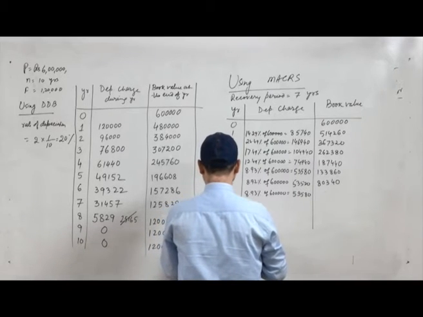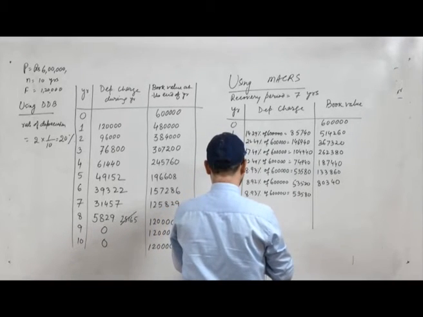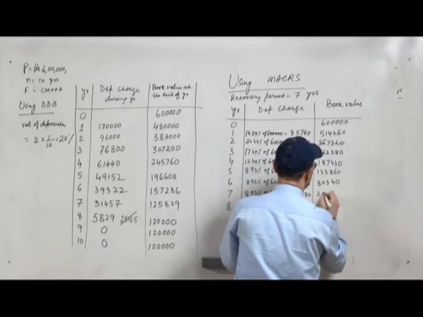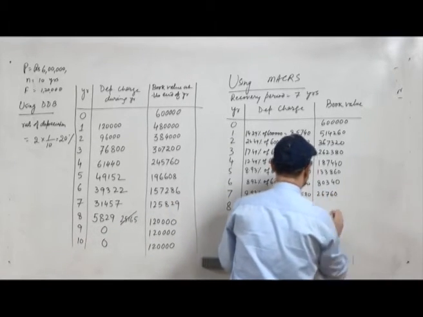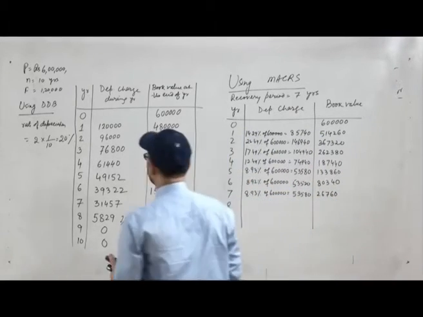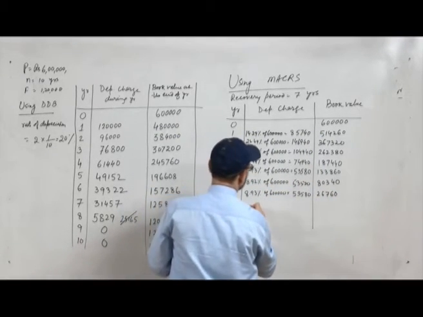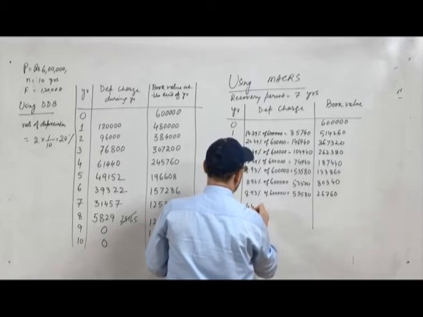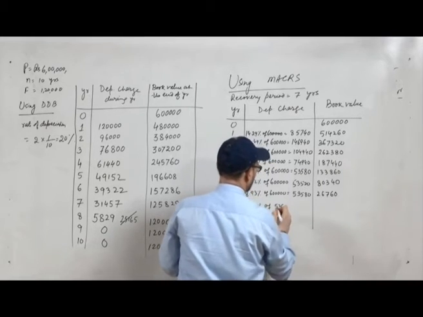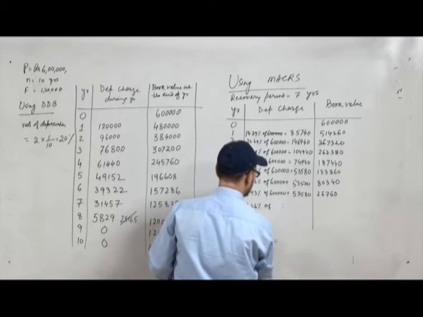So, 8340 minus 53,580, that is 26,760, and this is nothing but the half of this. So, this is 4.46% of 6 lakh.